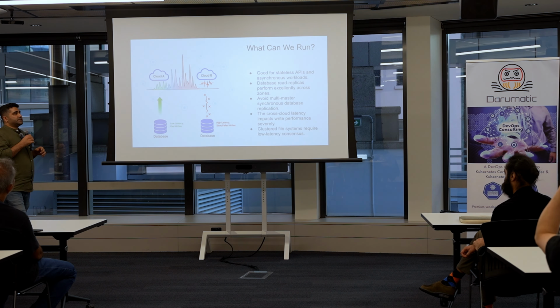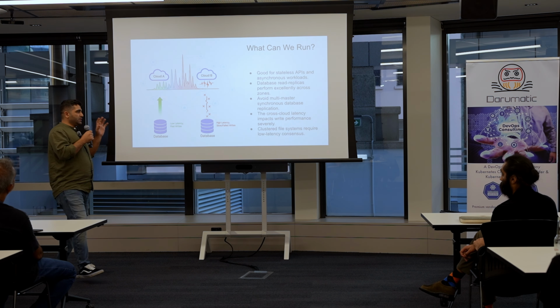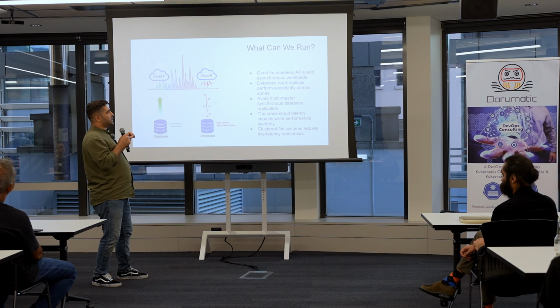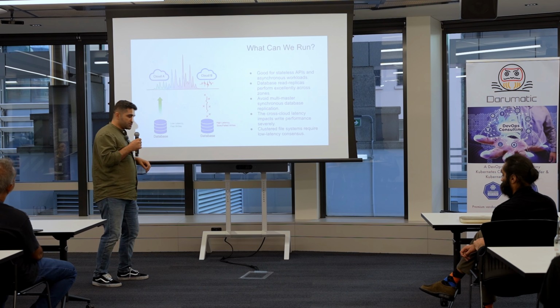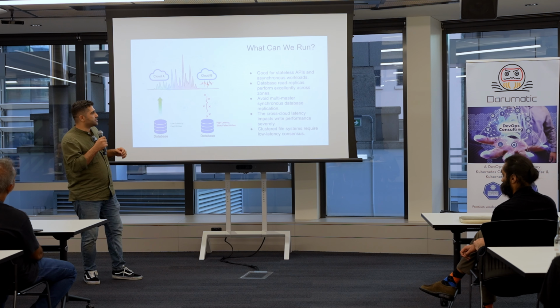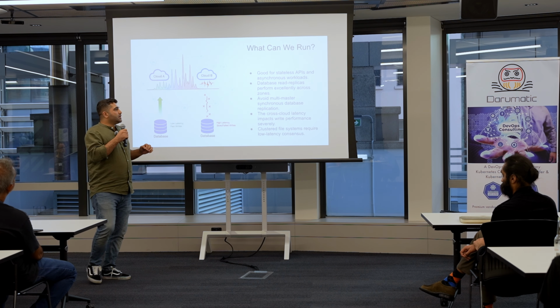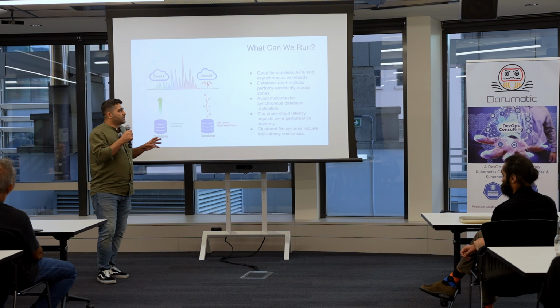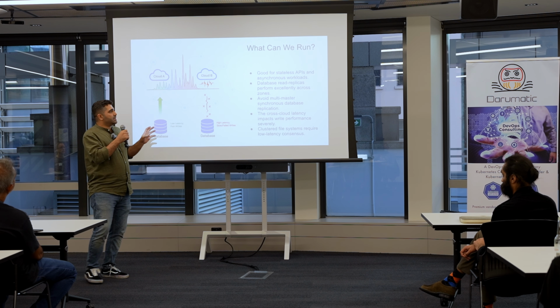So the next question is what we can run on this architecture. It's good for stateless APIs and asynchronous workloads. Of course, it's very easy to run asynchronous workloads. The next scenario is that database read replicas perform excellently across zones.